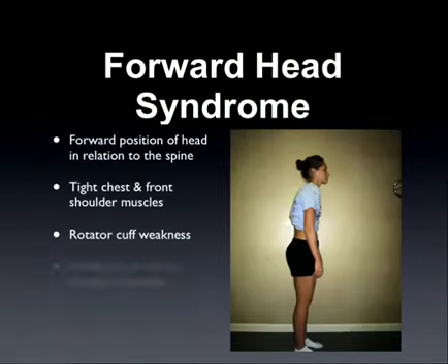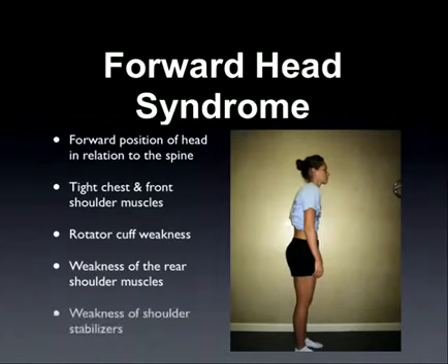Then there's weakness of the rear shoulder muscles, where obviously we have the front shoulder muscles becoming tight and the rear shoulder muscles becoming weak. And then finally we have weakness of the shoulder stabilizers, which are the muscles between the shoulder blades. So once again, tightness on one side, in this case the chest, and weakness on the opposite side, in this case the shoulder stabilizers.